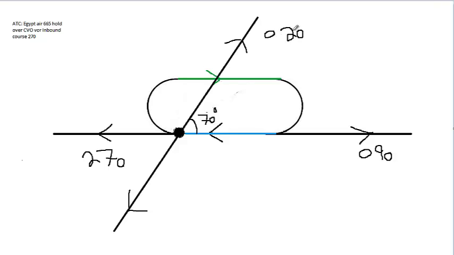So I cannot say 20 minus 180 because that's going to be a negative number, and headings do not have negatives. And so we add this time. 020 plus 180 is heading 200. So this is heading 020 and heading 200.